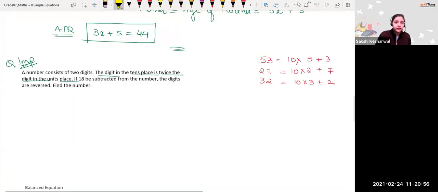Now, just see over here, I can take the highlighter. These are your tens digit, and these are your unit digit, right?